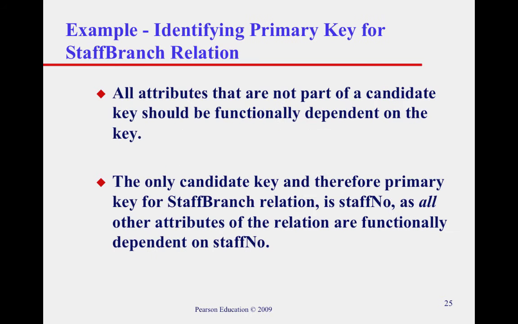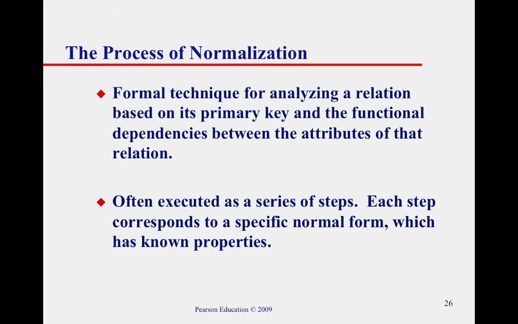Identify your candidate keys, then choose one of them to be your primary key. So you pick your primary key from your candidate keys, and then normalization is either a decomposition on a primary key or a decomposition on the candidate keys.